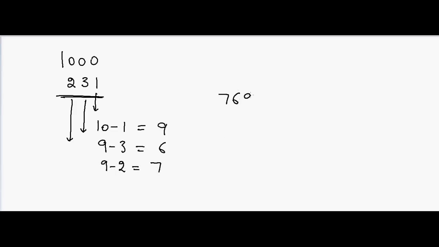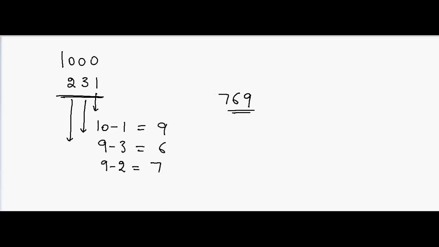First I'll take the first number and subtract it from 10. So 10 minus 2 is 8. Then I'll take the second number and subtract it from 9. Then I'll take the third number and also subtract it from 9. So my answer will be 769.